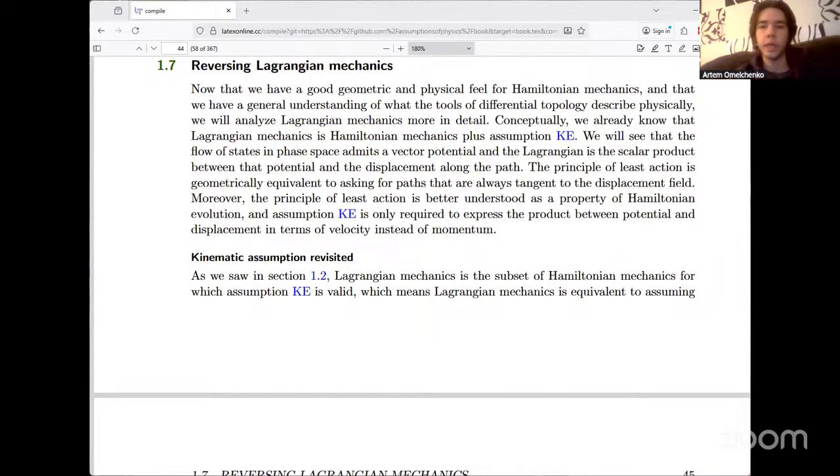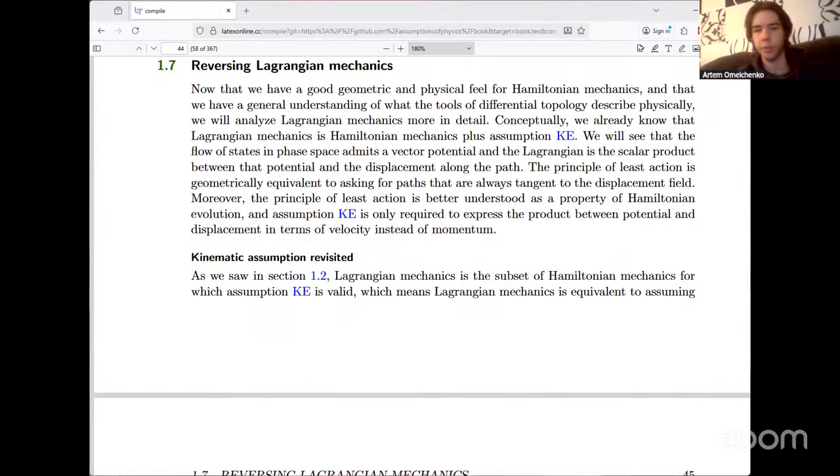We will see that the flow of states in phase space admits a vector potential, and the Lagrangian is the scalar product between that potential and the displacement along the path. The principle of least action is geometrically equivalent to asking for paths that are always tangent to the displacement field.